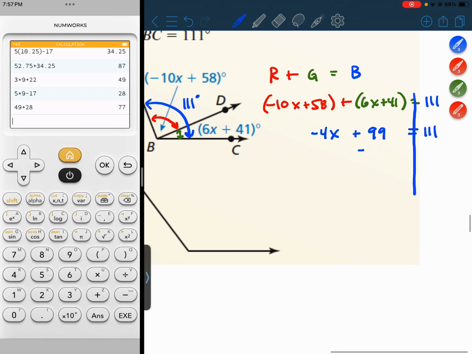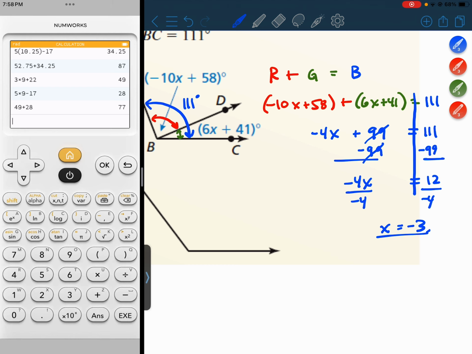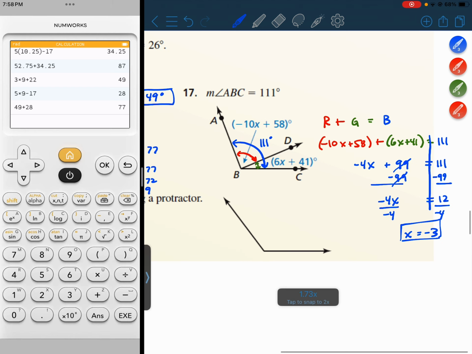So we're going to subtract the 99 from both sides. Negative 4x equals 12. Then we'll divide by negative 4. x is equal to negative 3. We still want to go back and figure out the measurements.